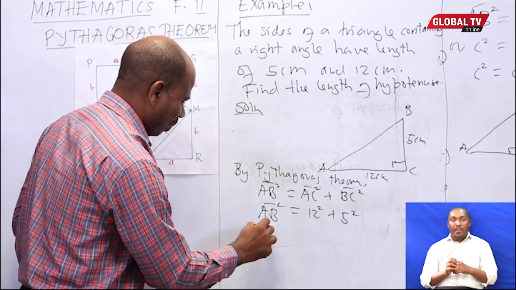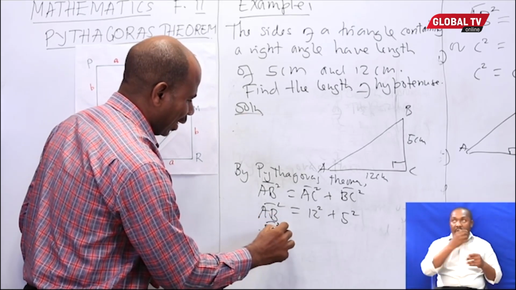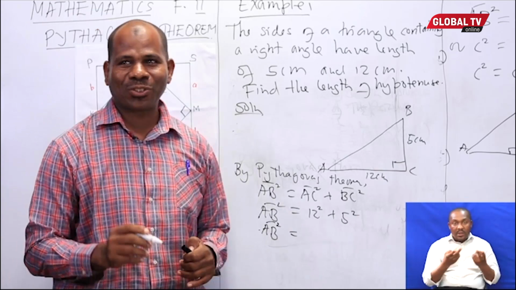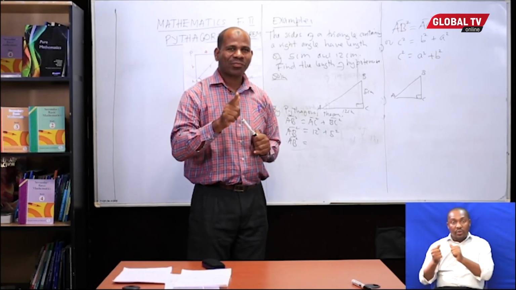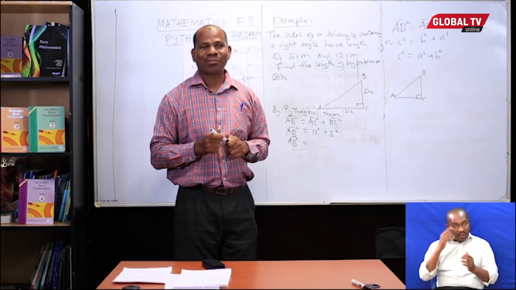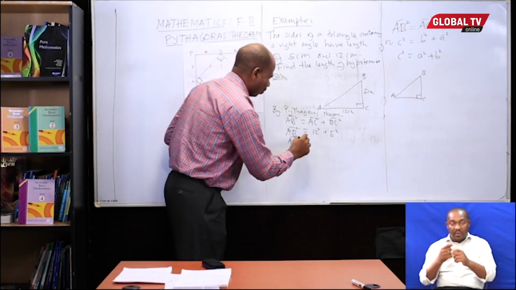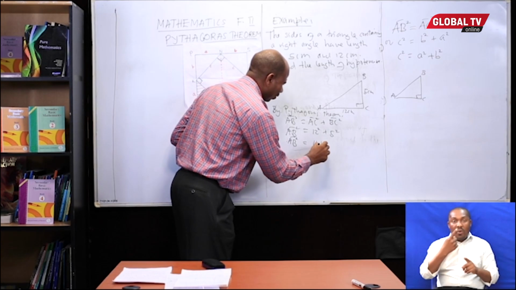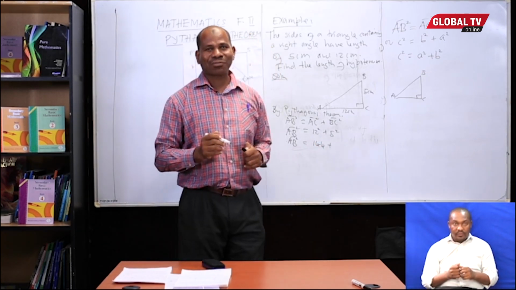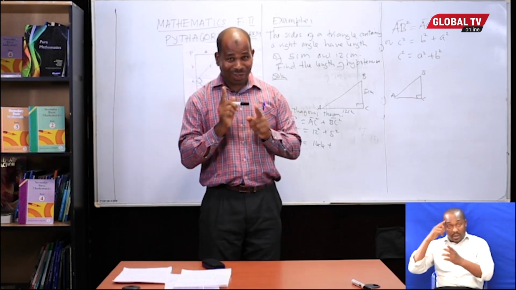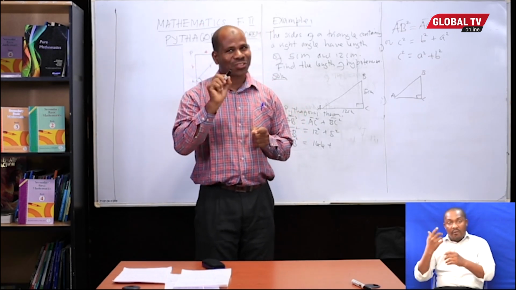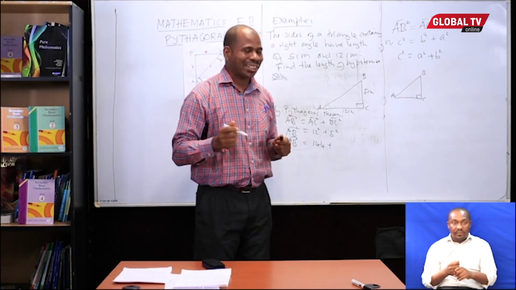Again, AB squared is equal to 12 squared. 12 squared means 12 multiplied by 12, which is 144. Plus 5 squared. 5 squared means 5 times 5, not 5 times 2, which is 25.